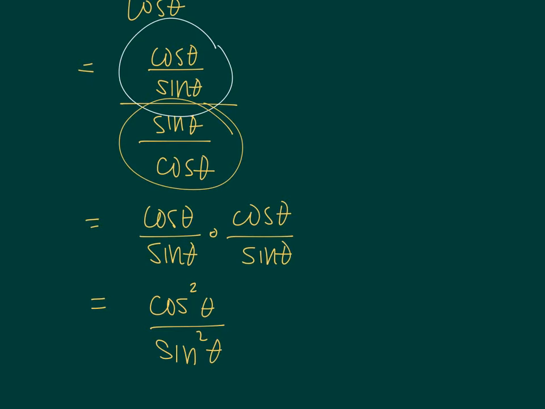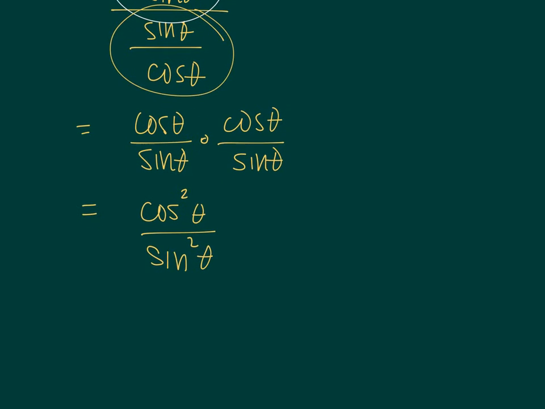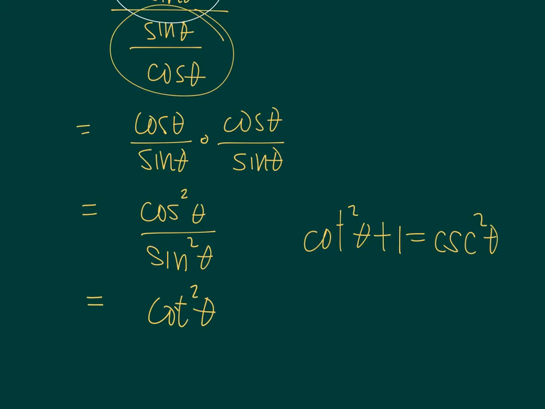Then we have to think of ways on how we can come up with cosecant theta. Okay, this is a bit tricky because we are going to change this into cotangent squared theta. Now, cotangent squared theta is related to cosecant theta by a certain identity. And that identity is cotangent squared theta plus 1 is equal to cosecant squared theta.